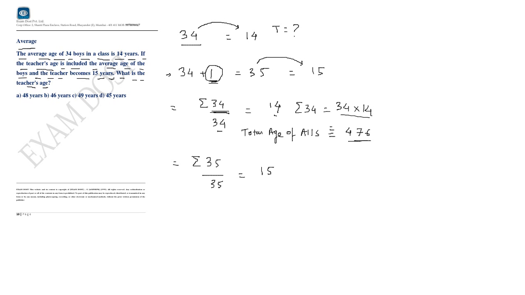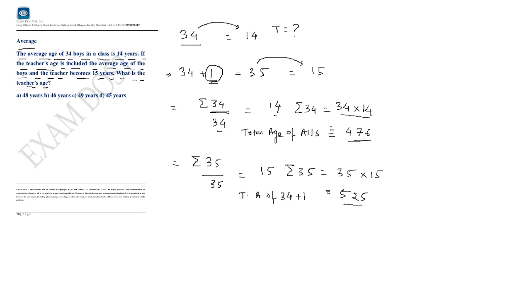So from this we can find summation 35 is equal to 35 into 15. 35 into 15 is 525. So what is this 525? This 525 is the total age of 34 students plus one class teacher.